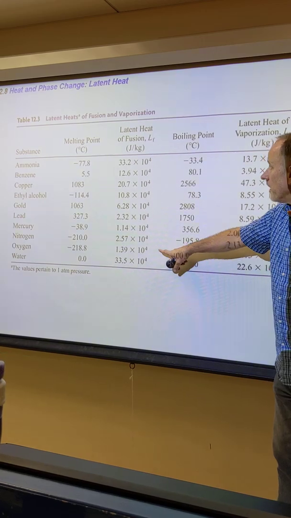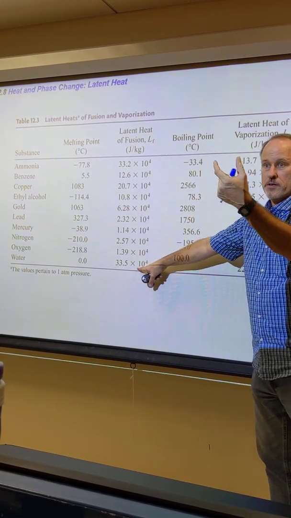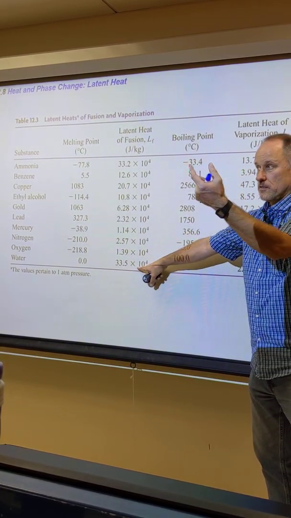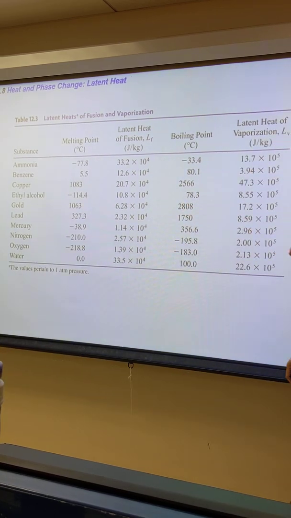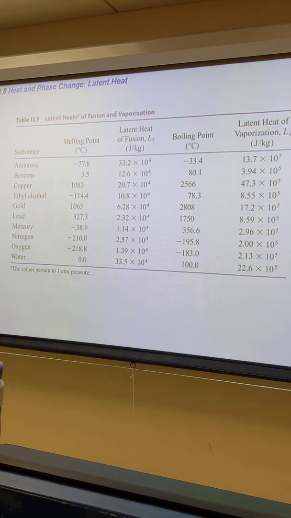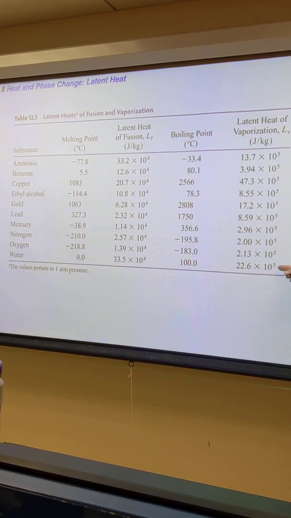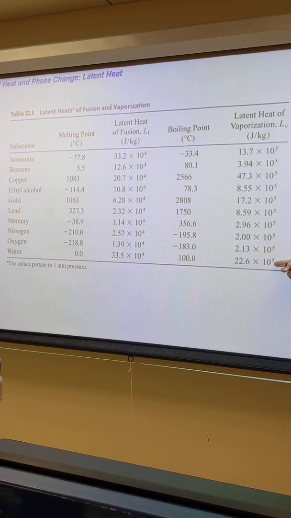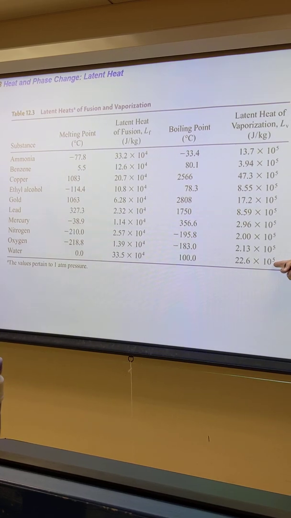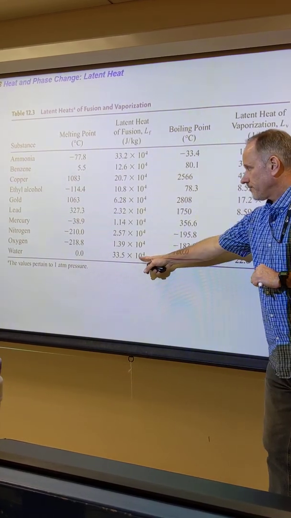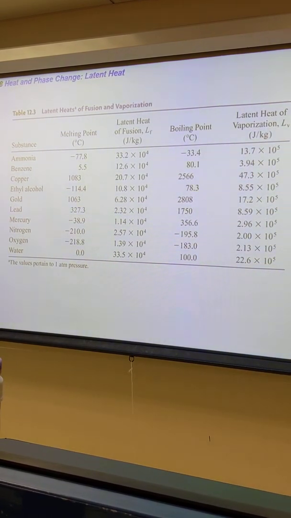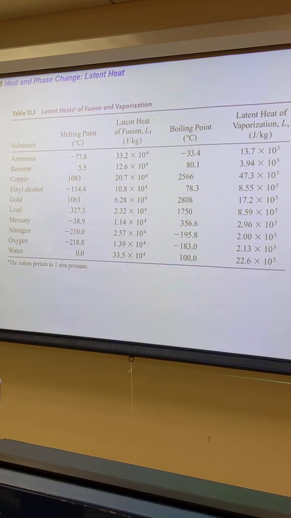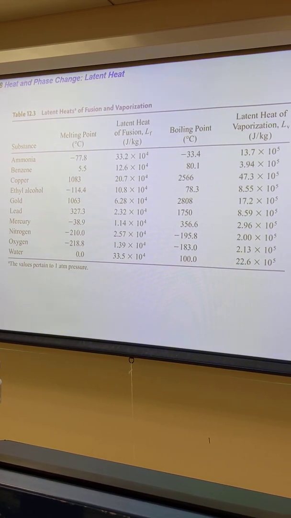And then for the short flat location in the chart, we would use this value. So you can see that liquid to vapor can take in a lot more energy than the solid going to liquid. And of course it varies depending on what you're doing.